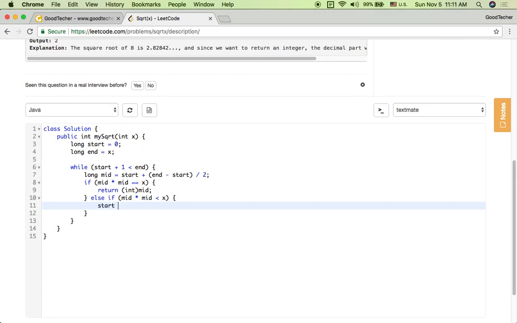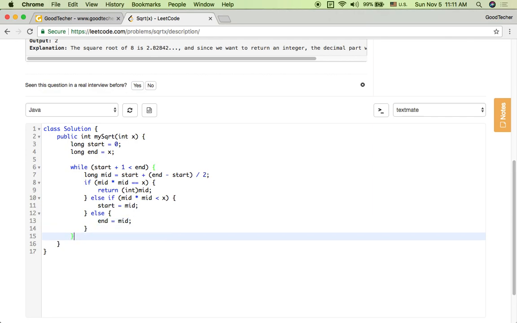So the mid position is still less than x, so we need to increase the start search position. So our search start moves to mid. Else, that means mid multiplied by mid is greater than x, so we need to move the end to the mid position.